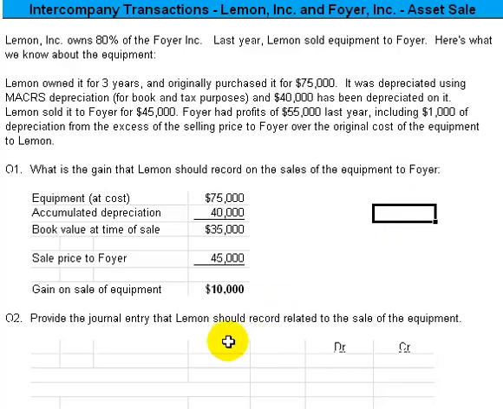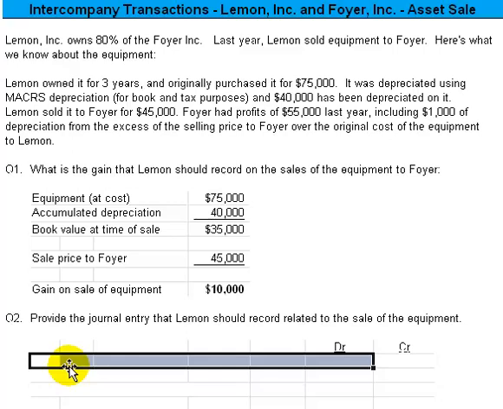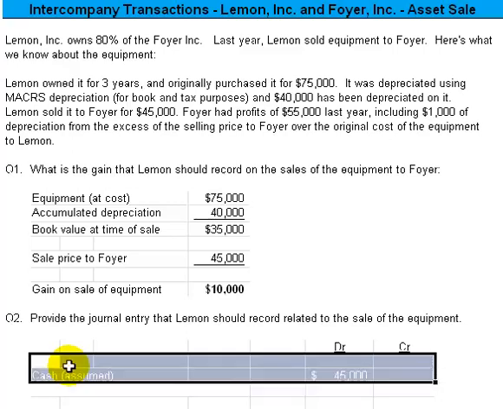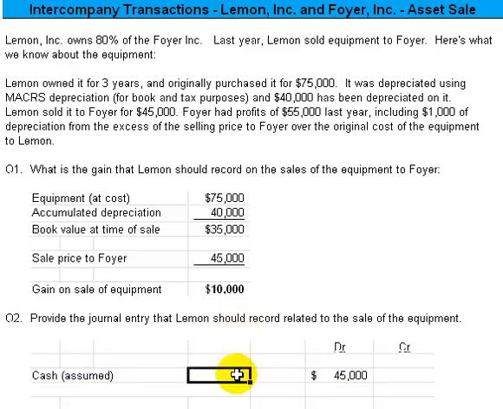Now, question 2 says, provide the journal entry that Lemon should record related to the sale of the asset. Again, I worked this ahead of time. For proceeds, we're going to assume that it was cash because they don't tell us anything else. It could have been a receivable. It could have been an intercompany account.